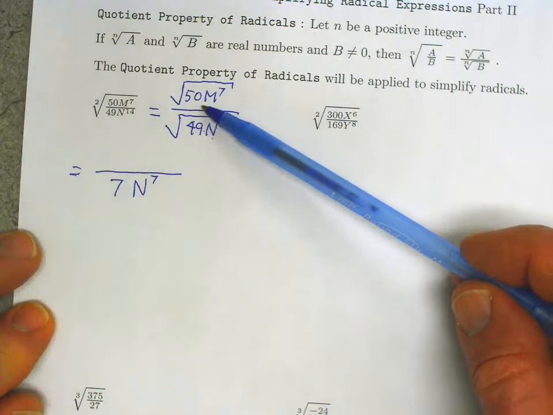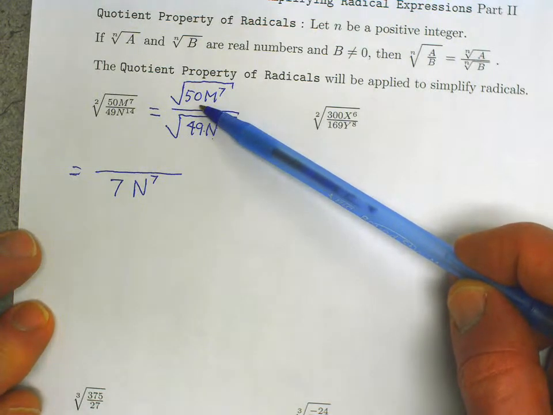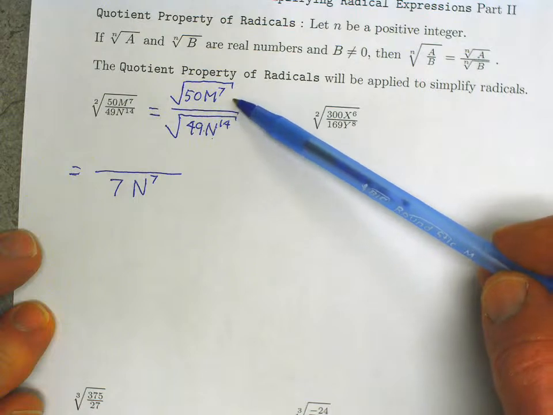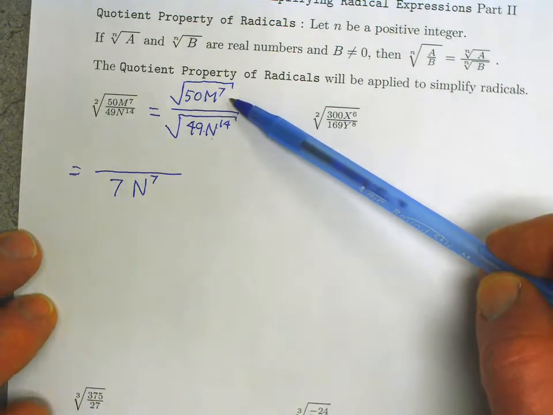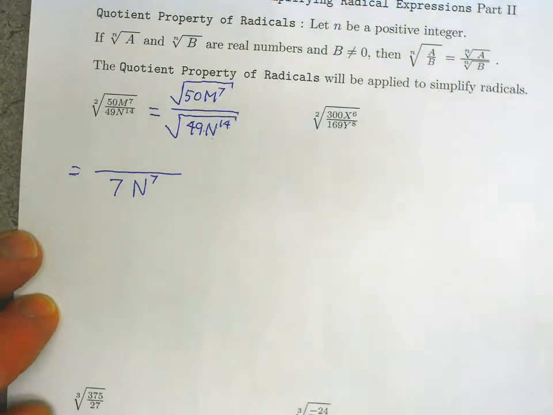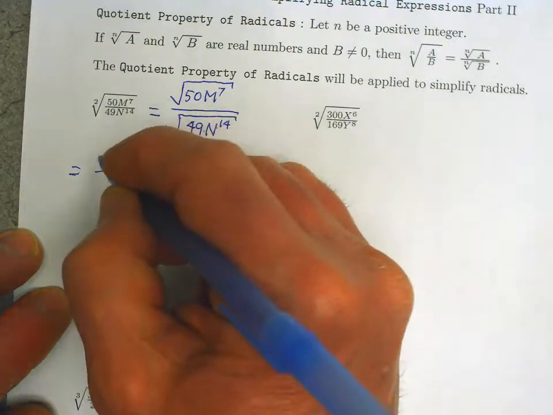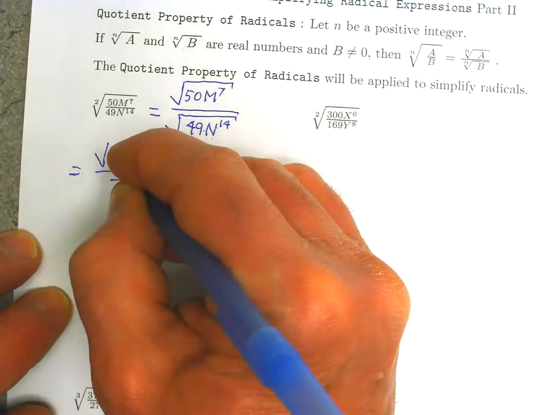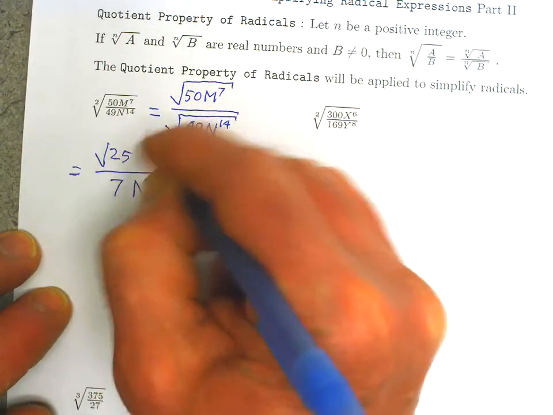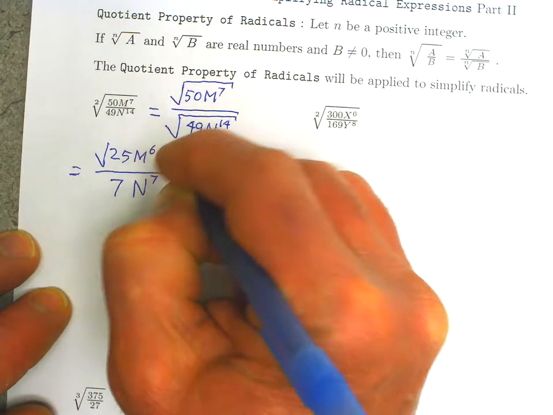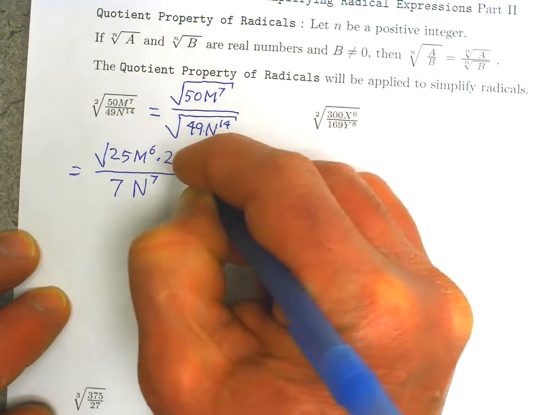The largest factor of 50 that's a perfect square is 25. 25 times 2 is 50. And the largest factor of m to the 7th that is a perfect square is m to the 6th. So we'll rewrite this as the square root of 25 m to the 6th times 2m.